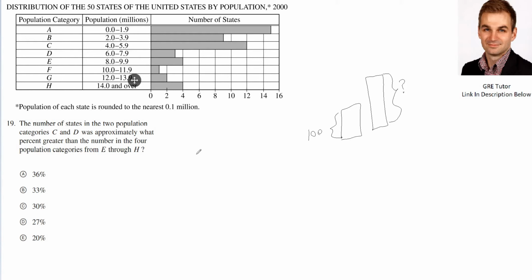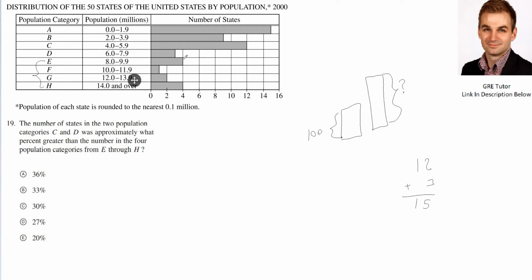Alright, so first let's find out what's in our categories. C and D is this one right here, so let's add these up. This is 3 and this is 12. So 12 plus 3 is going to be 15. The next one is categories E through H, which is here to here.